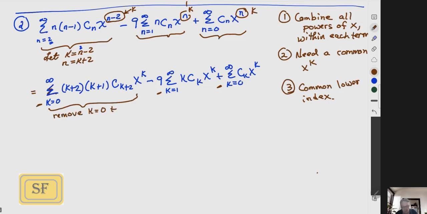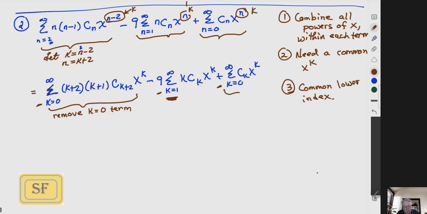If I remove the k equals 0 term from the summation, then I can rewrite the remaining terms as the sum as k goes from 1 to infinity, and it will match my indices for my second summation.